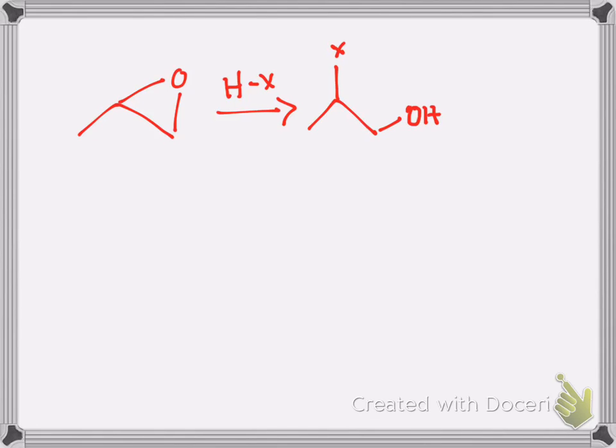So that's the main reaction. The mechanism is this. And then you end up with, and what's missing there? Positive charge here. Okay. Now, this is still a nucleophilic attack that causes the bond to break.